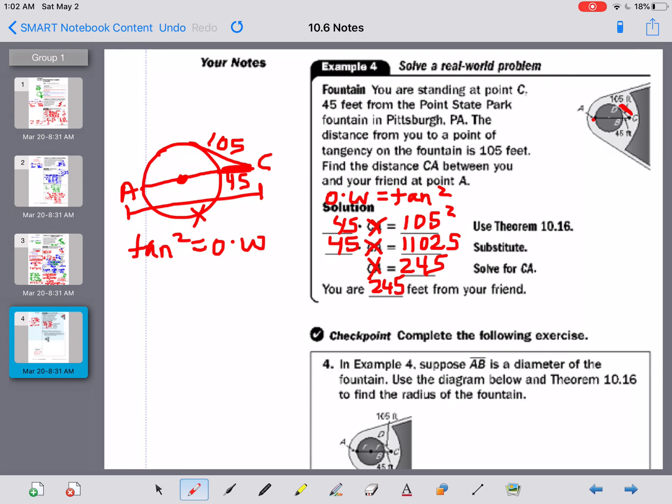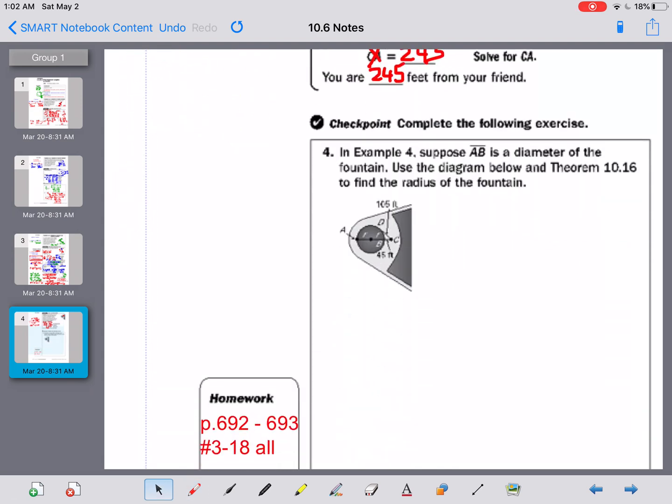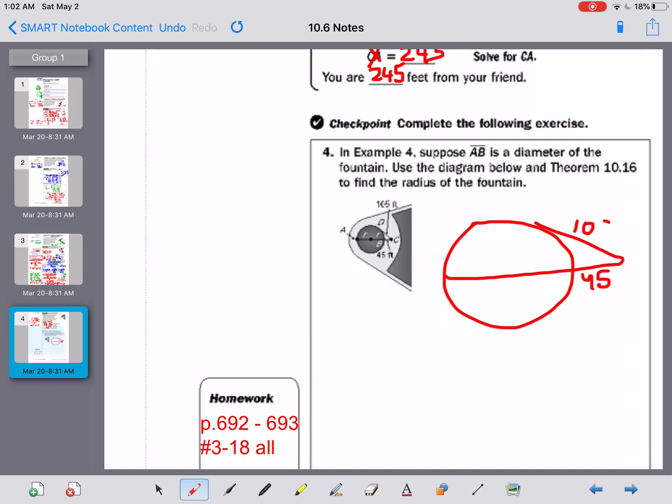Okay, moving on to our last example. Example 4 says, suppose AB is the diameter of the fountain. Use the diagram below and find the radius of the fountain. It's the same problem we just did, so let me give you a bigger picture. Here I am 45 feet away. Here's this 105. I just found across the fountain from here to here was 245.